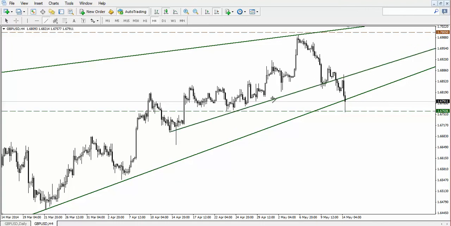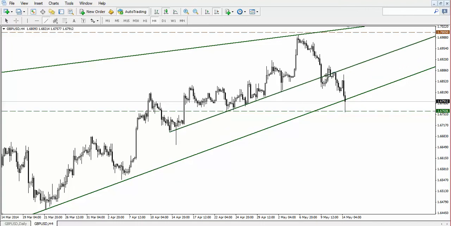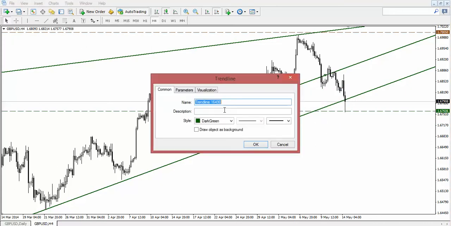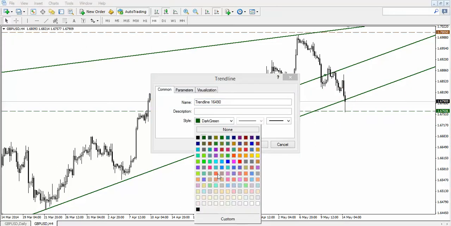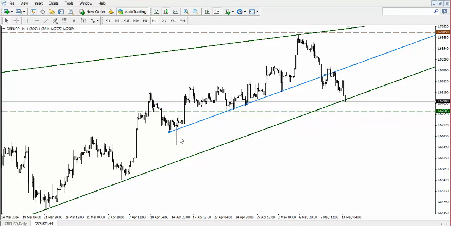The first trend line I saw was this here, which you can see there was a spike through, but other than this spike here, it was respected quite nicely numerous times.